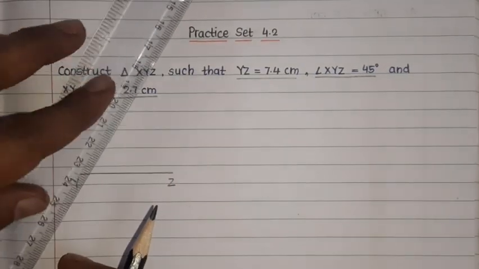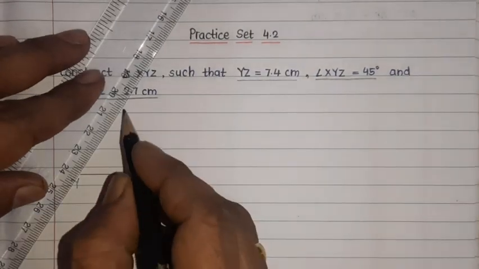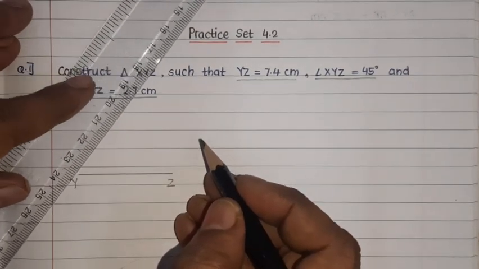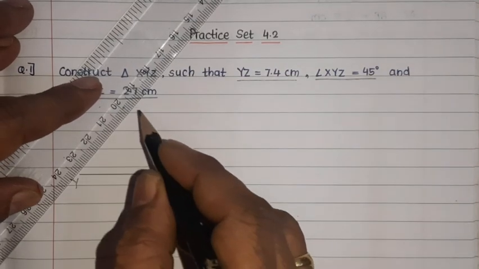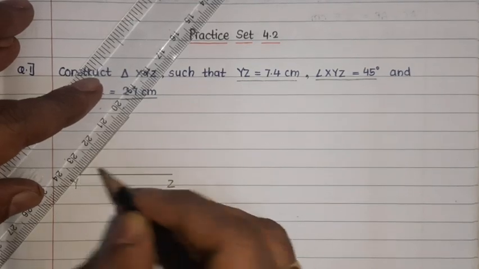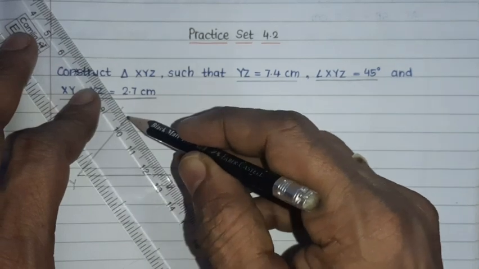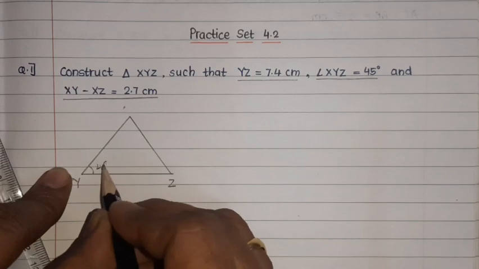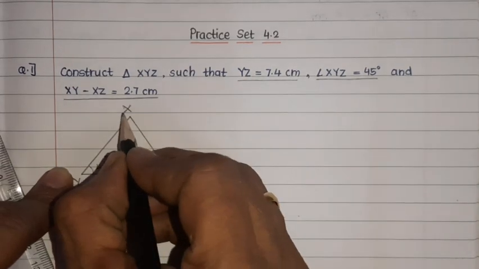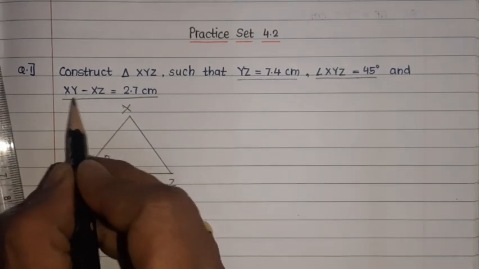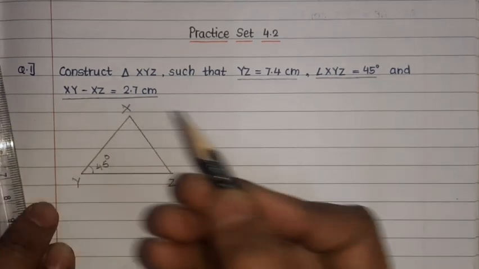Therefore here we can take like this, and here the angle is of 45 degrees, and dear student, this is point X. Now see, given is XY minus XZ, that means this XY is greater than XZ.